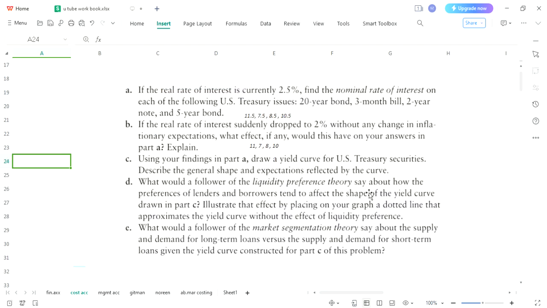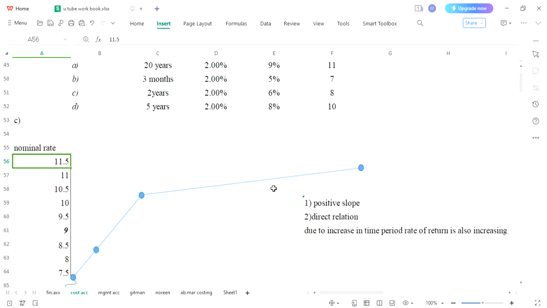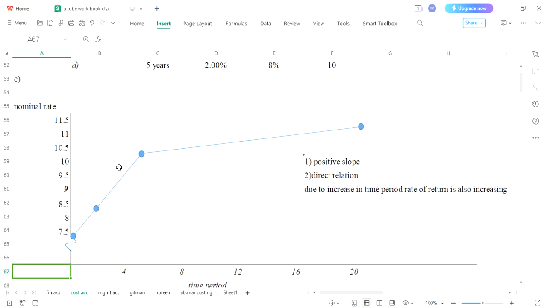Right now just understand the user who wants to have their wealth in liquid form. So they are preferring liquidity. Our graph is showing that in the long run, as you are increasing your time period, your rate is continuously increasing.